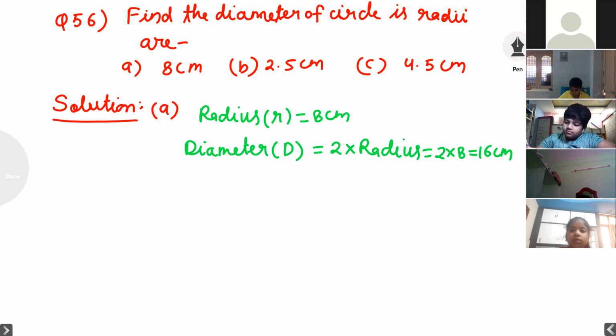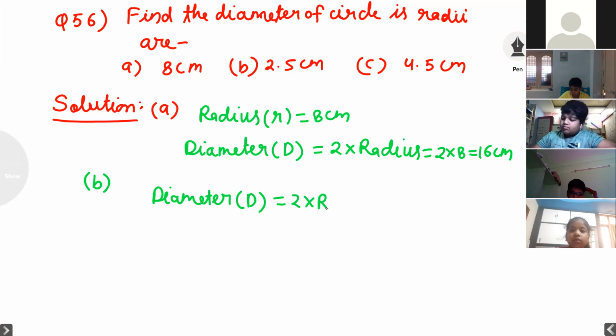B question. Diameter I want to find out. Diameter is equal to same formula, 2 into radius. He has given in second question 2.5. 2 into 2.5 is equal to 5 centimeter. In C question, I want to find out diameter.